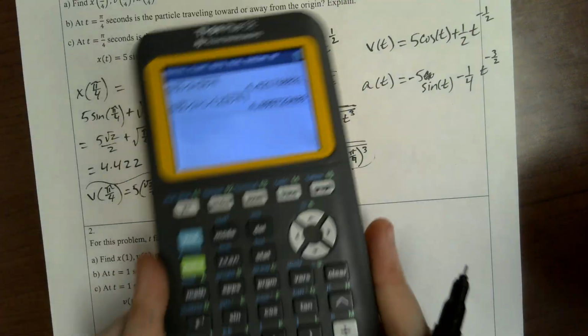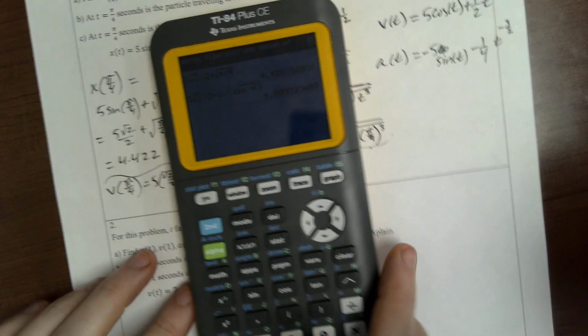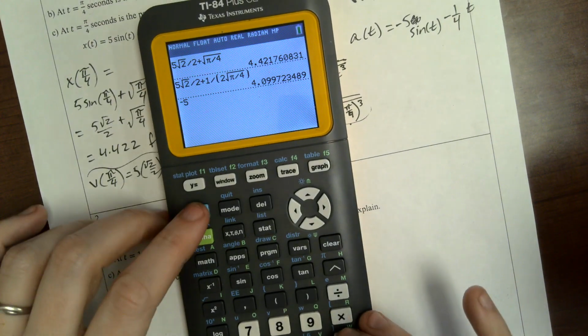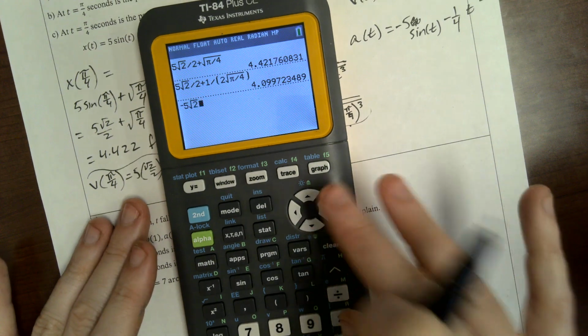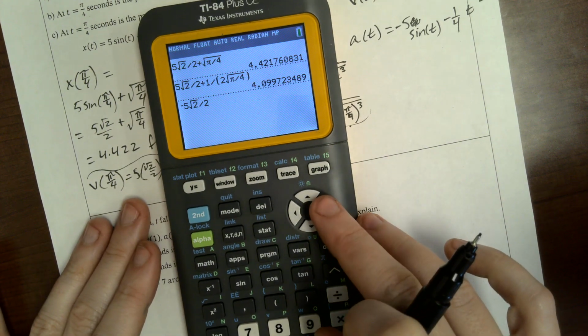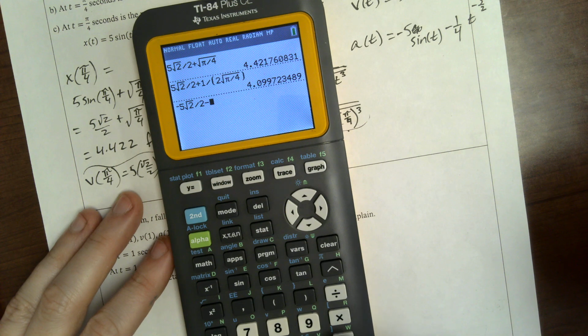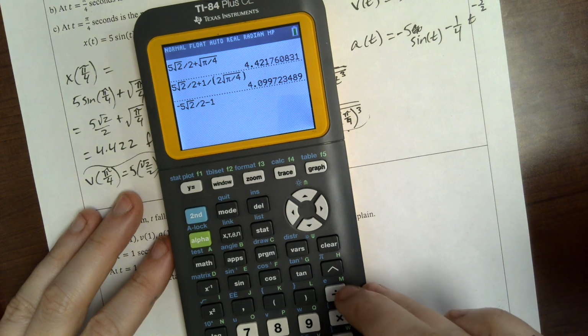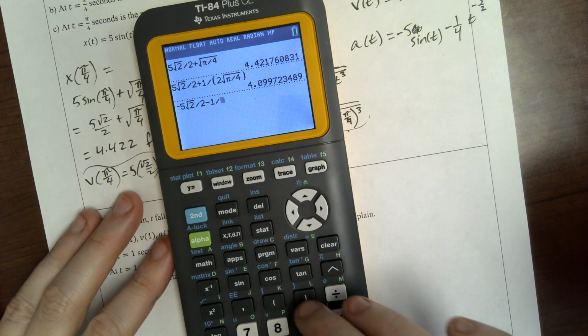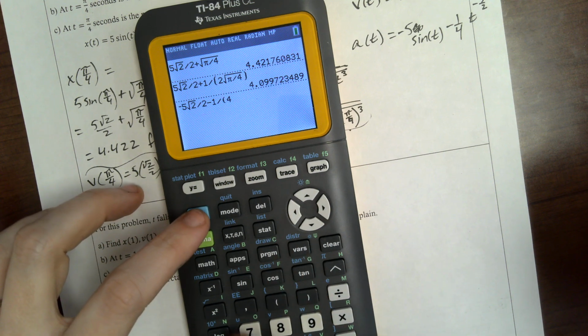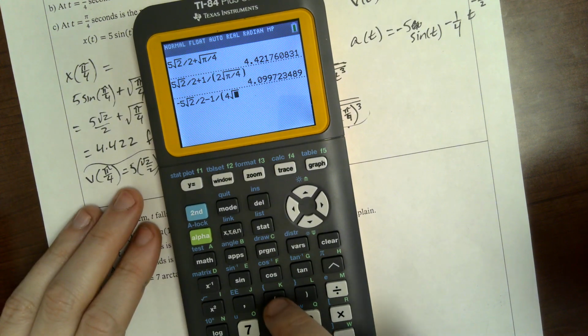So let me actually get a decimal. So this time, negative 5 radical 2 divided by 2, minus 1 divided by 4, and then square root.